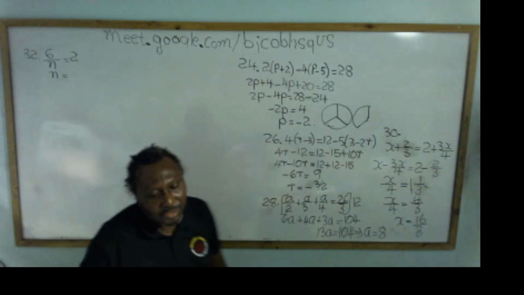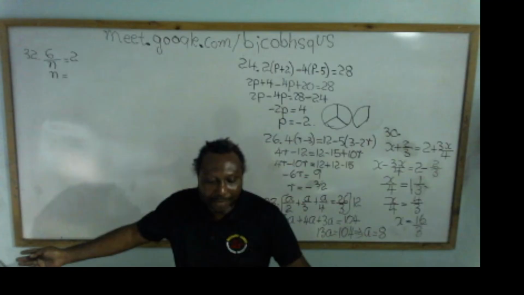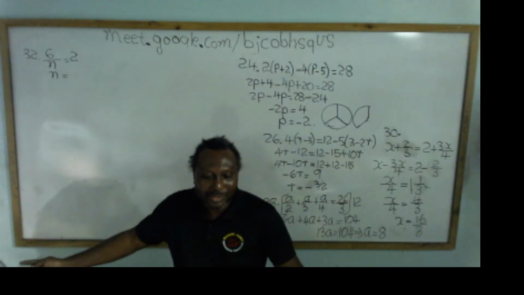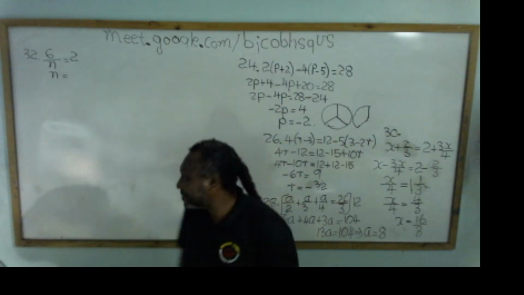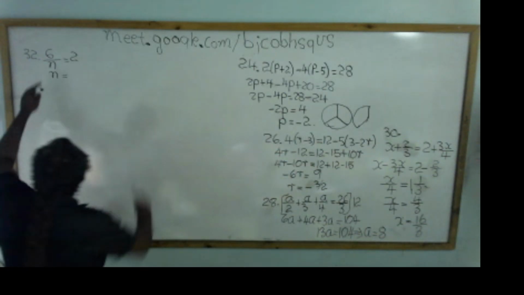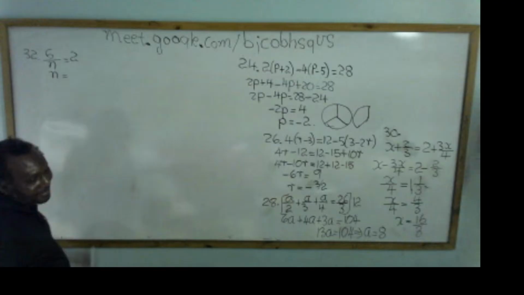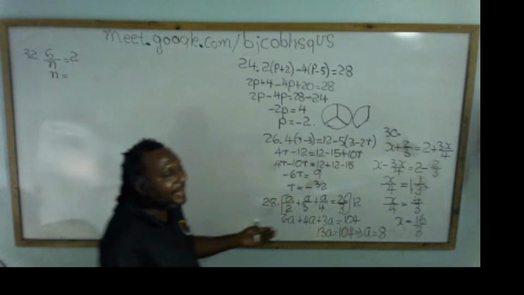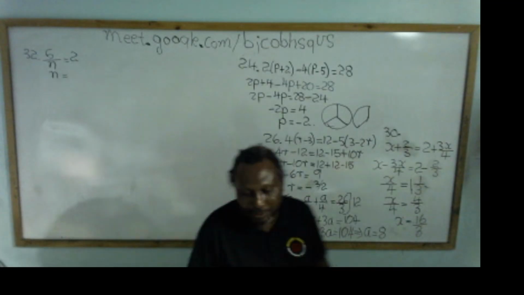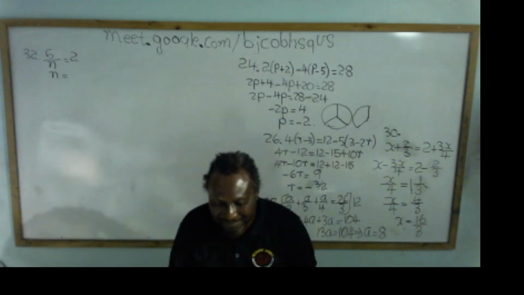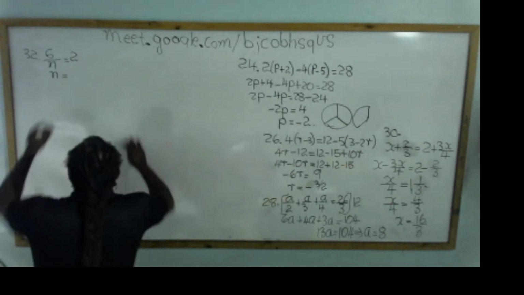Don't show off your mathematical skills. Just show off your common sense. 6 divided by a number and the result is 2. That's all it's saying. What is that number? As easy as that. Don't spend the entire night.